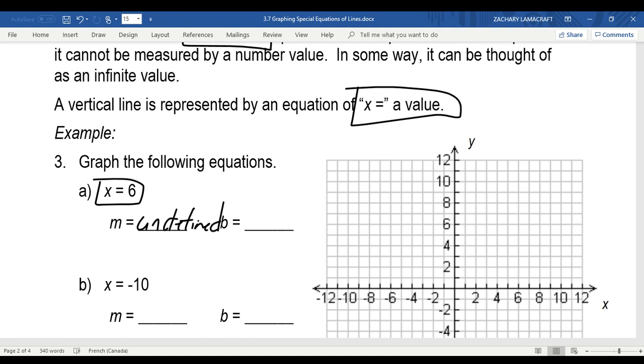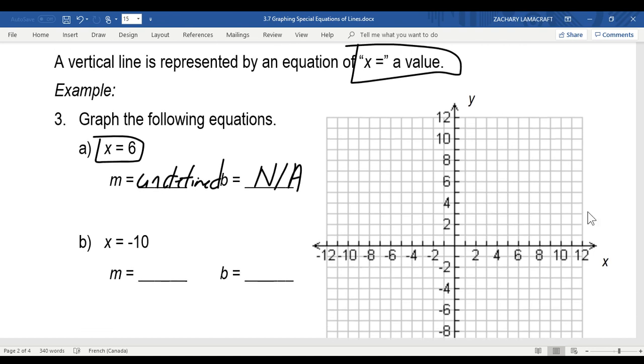So our slope we do not know. And do we have a y-intercept? No, we don't. So we would just put NA, or not applicable, in this case. But we know it goes through the x-axis at 6, because x is equal to 6. We put a straight up and down line, and we put x equals 6.